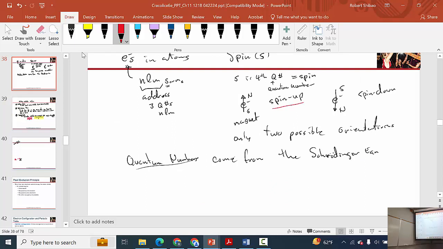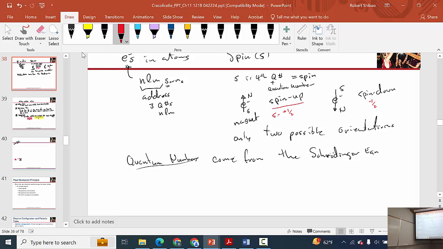So when we have spin up, it's weird, but the number is plus 1/2. Now the plus 1/2, it has to be 0.5 in the mathematics in order to solve it. If it's not, then it doesn't work for the electron. And spin down is minus 1/2.